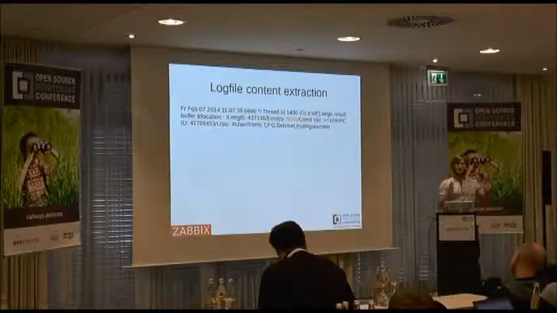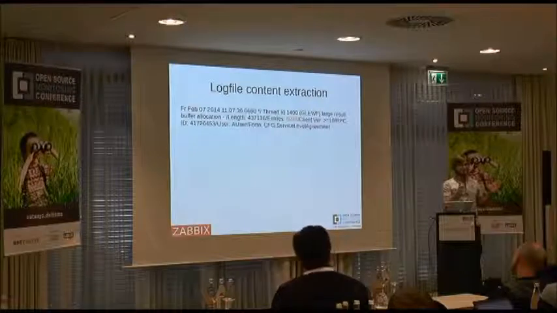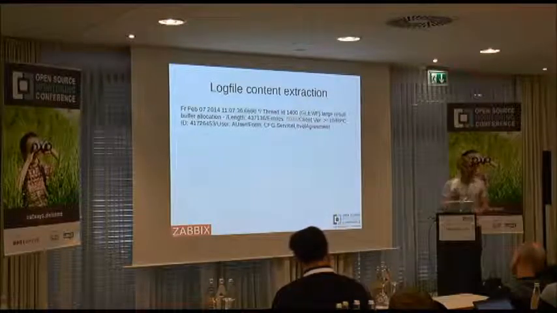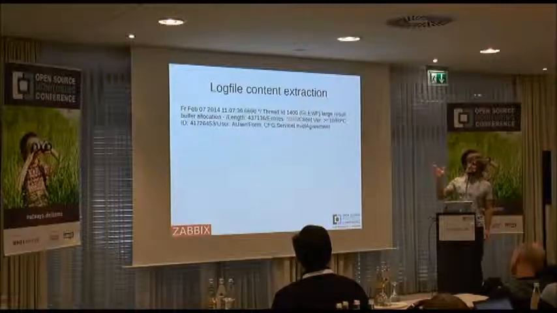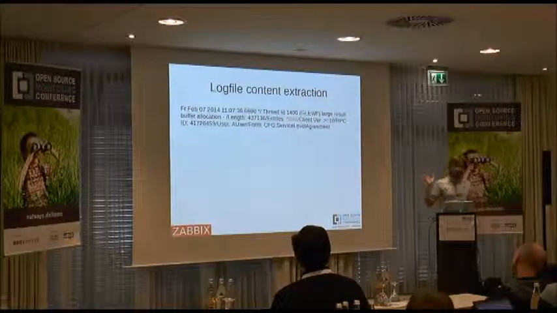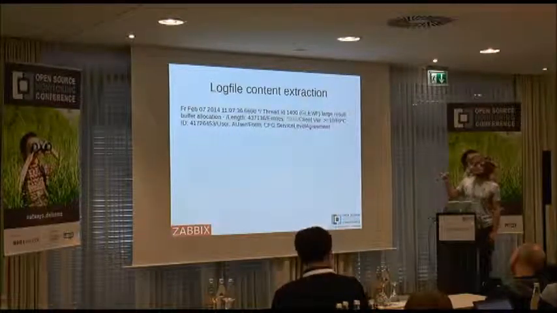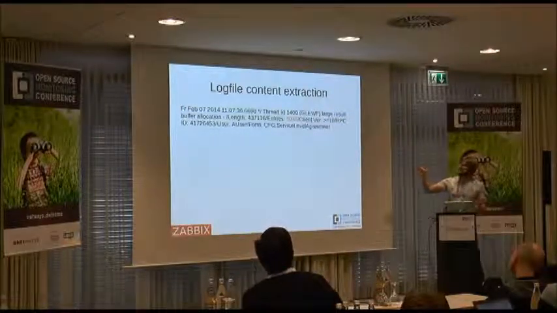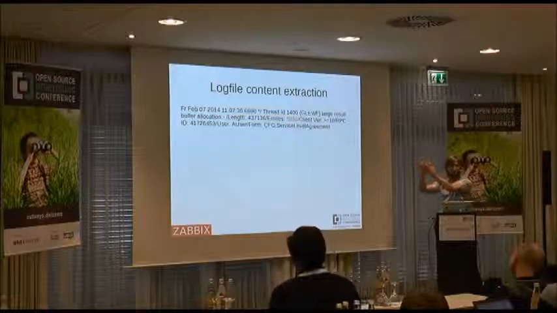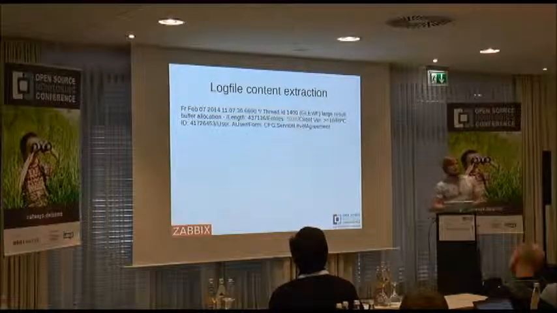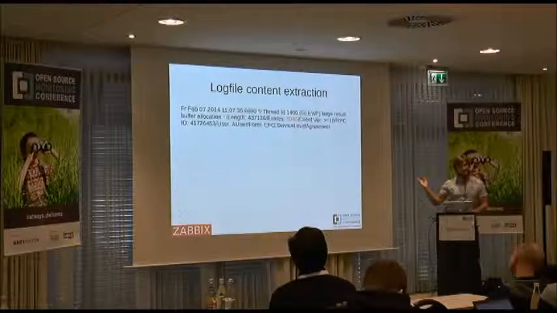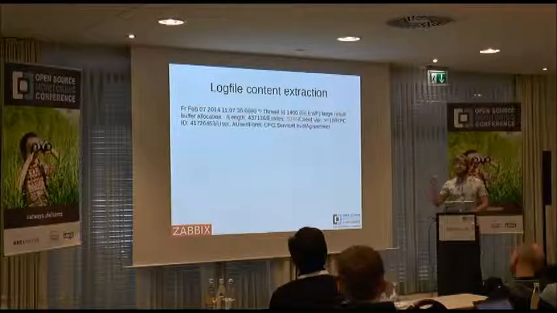Sometimes you want to see the log entries, like the whole entry. But there are some cases where you're interested in a specific number in that entry. So this is a slightly obscured example from a production environment. In their case, there was a large result buffer allocation, and there was the entry number that they wanted to have. In older versions of Zabbix, you could not extract things from a log file entry.